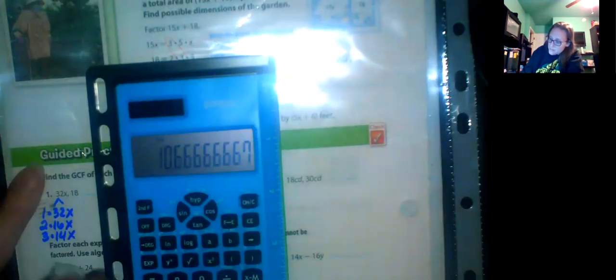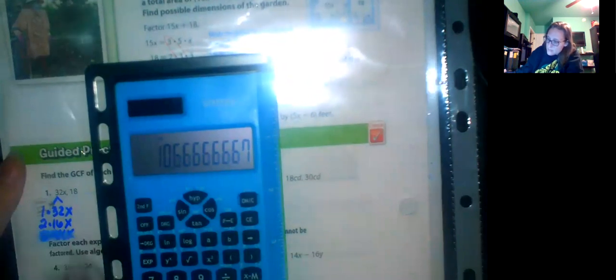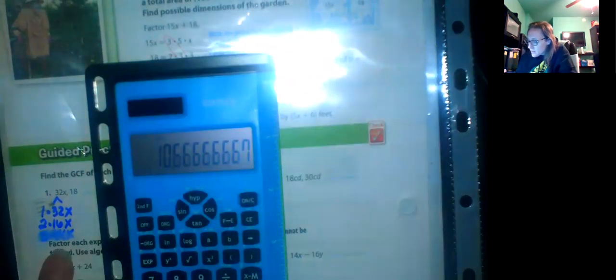Nope, that's not a good one. 32 divided by 4. There we go. 4 times 8x. 32 can't divide by 5 because it's not a 0 or a 5. So let's see, 6. Nope. 32 divided by 7. Nope. And we already have 8. So that's our factors. All righty.